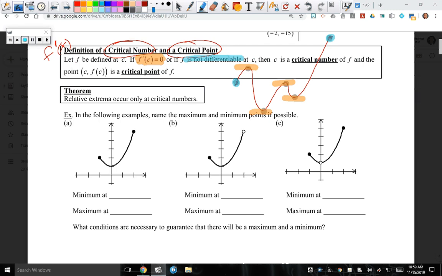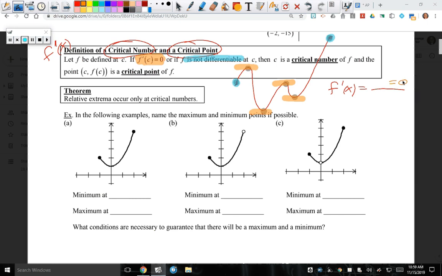Okay? All right, so if the derivative is 0, it's important. If the derivative is undefined, it's important. You with me? So all you have to do is derive a function. And if you get a fraction, which you will get a lot of fractions, to do the ones that are important horizontal-wise, just set the top equal to 0.